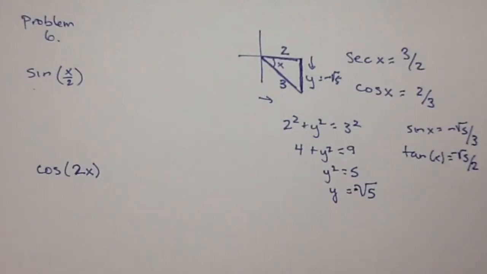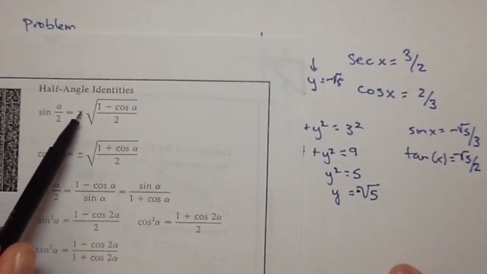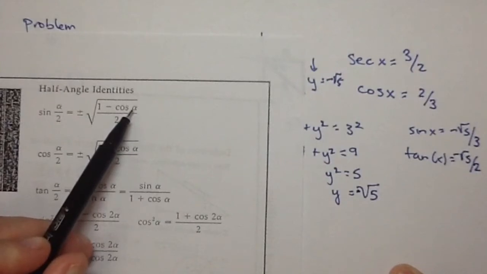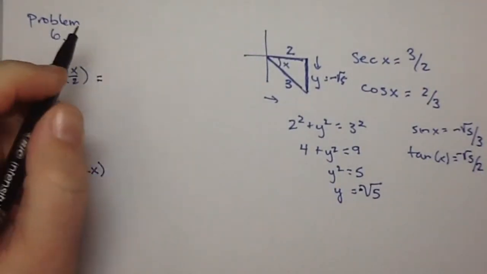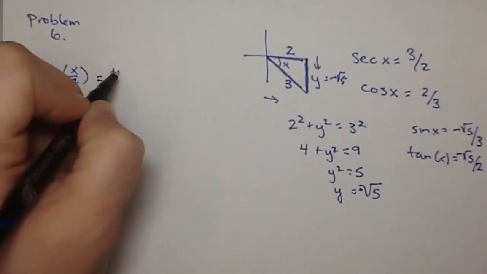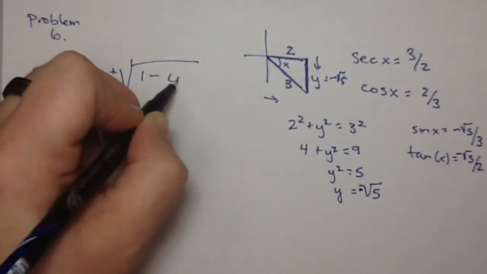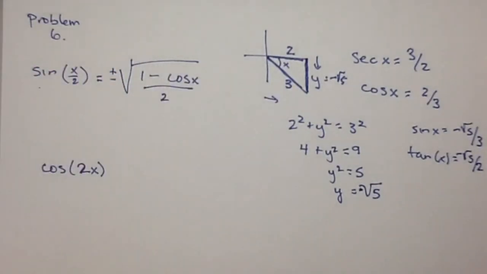And from our reference sheet, the sine of anything over 2 is plus or minus the square root of 1 minus cosine x over 2. Okay, we can do this.